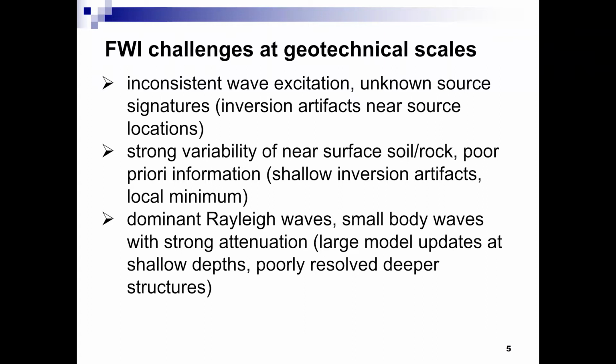So we have to suppress the contribution of the Rayleigh wave and increase the contribution of the body wave so that we can solve the problem deeper and characterize a deeper substructure. A dominant Rayleigh wave and small body wave will generate large model updates, shallow artifacts in the first few meters, and poorly resolved deeper structures.